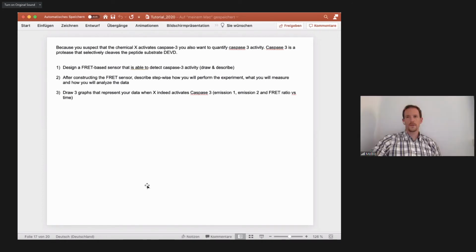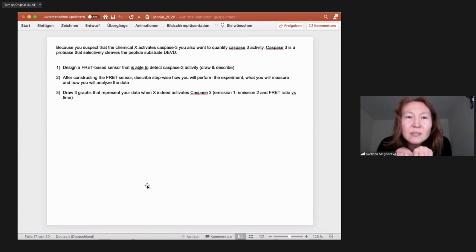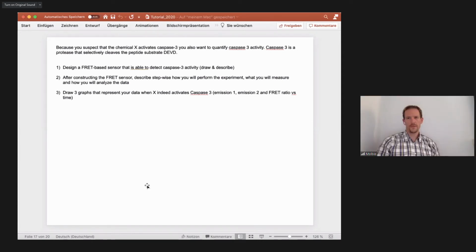So you have two fluorophores, and the one activates the other. Exactly, you're using here the spectral overlap. And what is the key requirement in order for one fluorophore to activate the second one? I think the wavelength has to be less than 10 nanometers. So the distance. The distance, yeah. So they need to be really close.